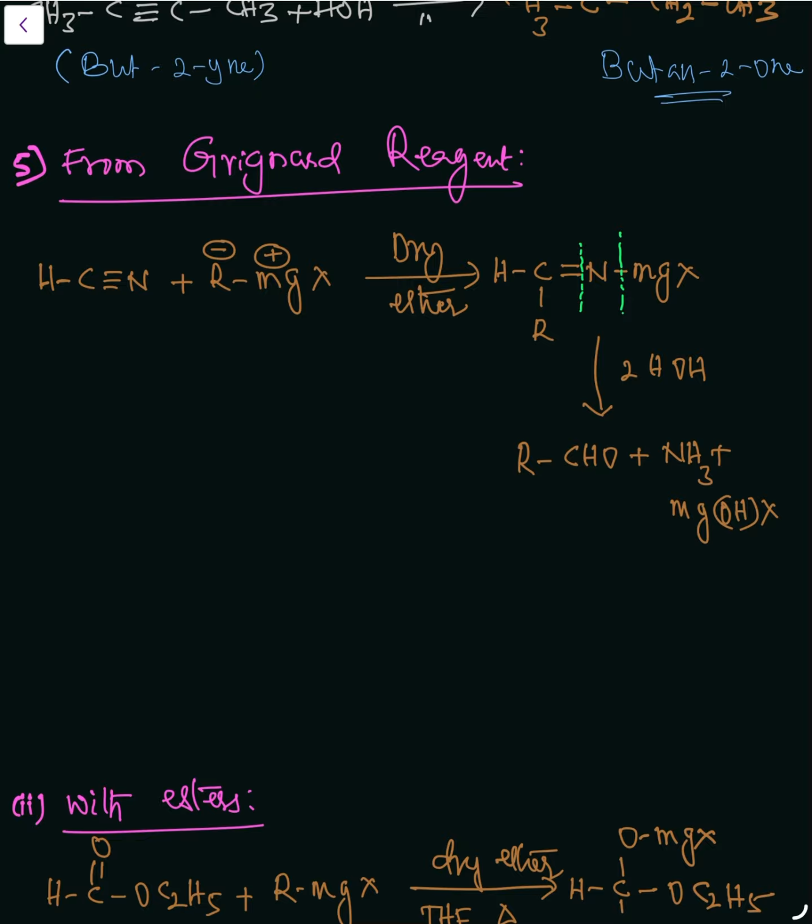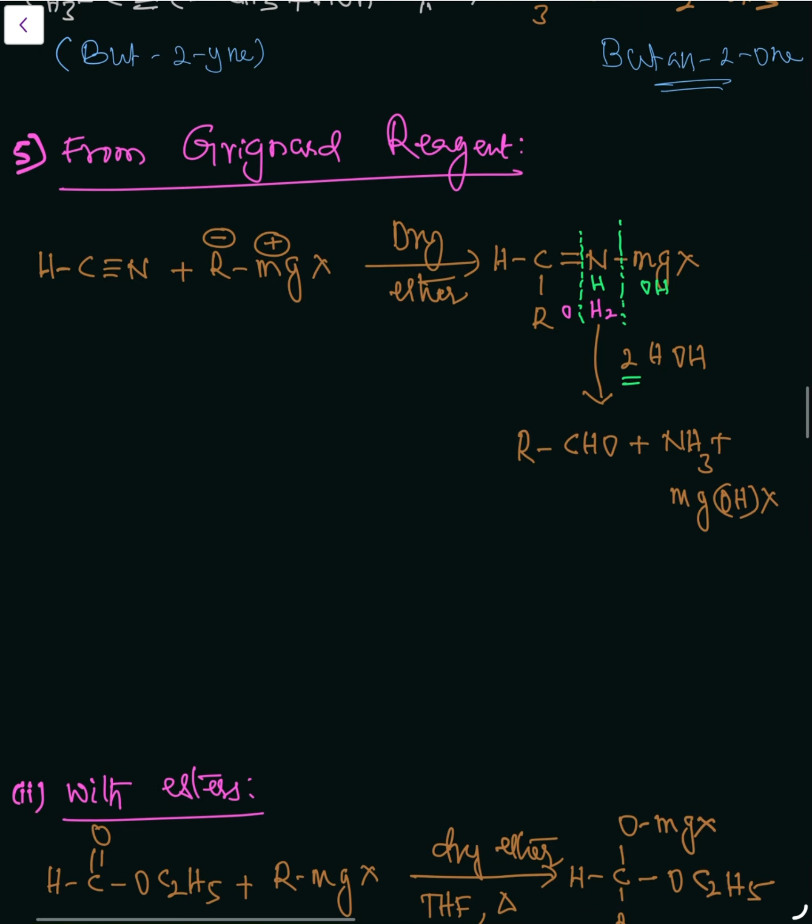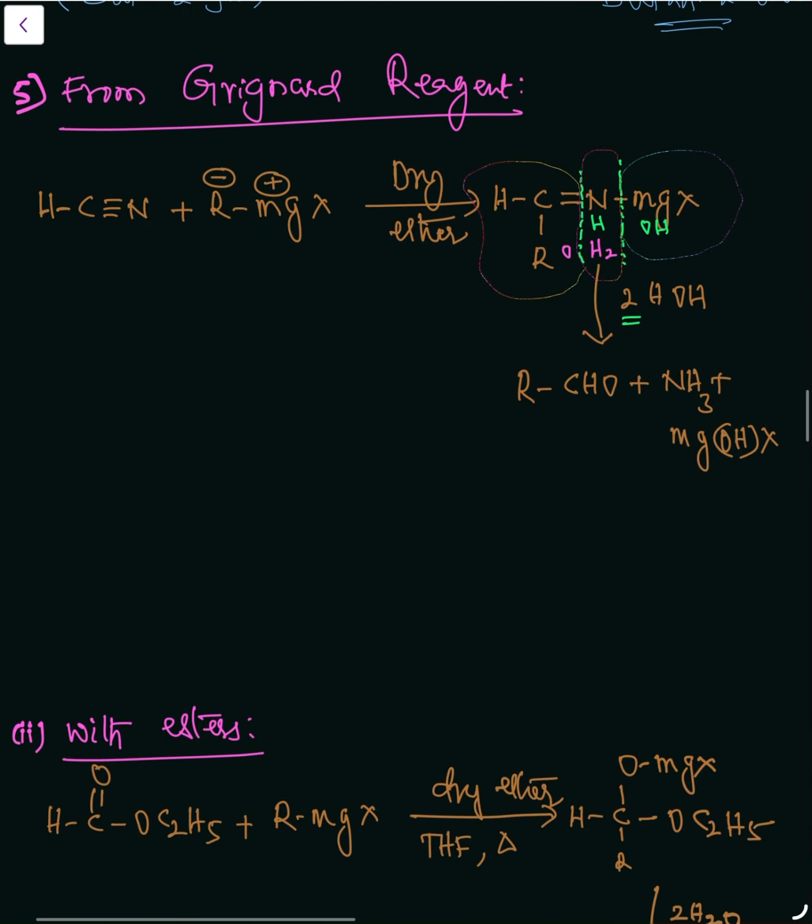Here HOH is added. 2 moles of H2O we have taken, right? In the second mole, OH2. Because of this, what is the compound formed? Here an NH3 molecule, and this part is aldehyde, and this is MgOHX, right?